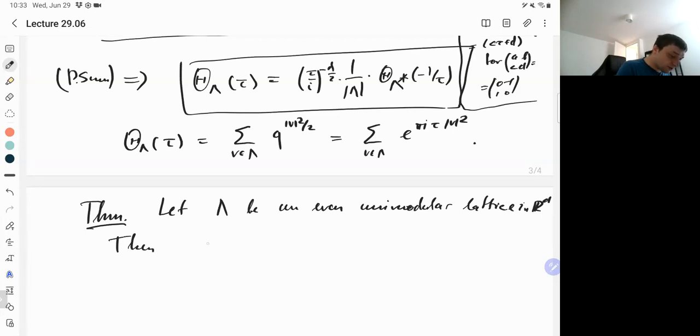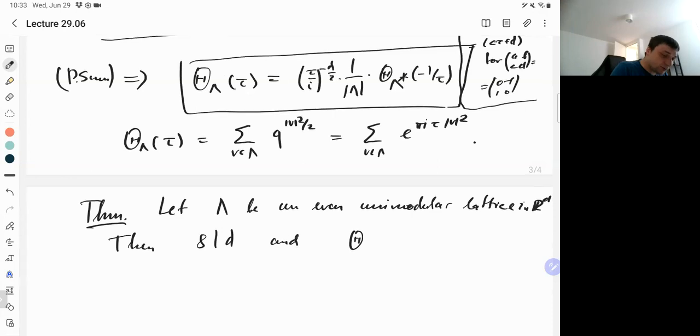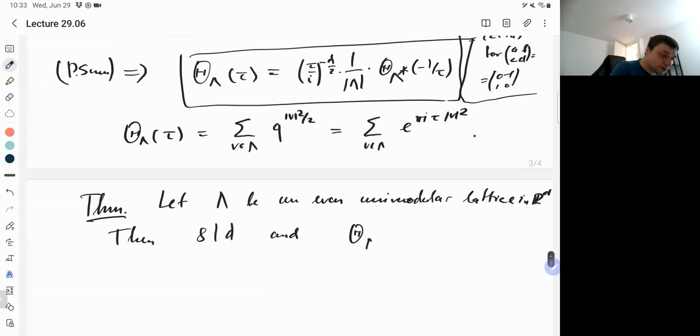Then there are several statements, but one of them is a bit surprising: d has to be a multiple of 8. And the theta series not only has this duality, but is actually a modular form, of weight d/2.